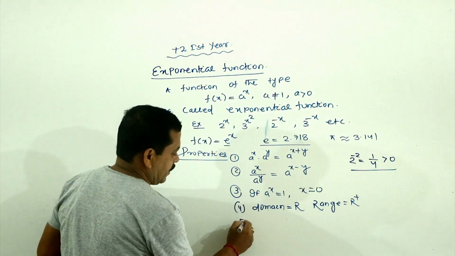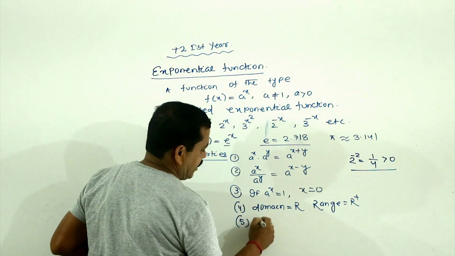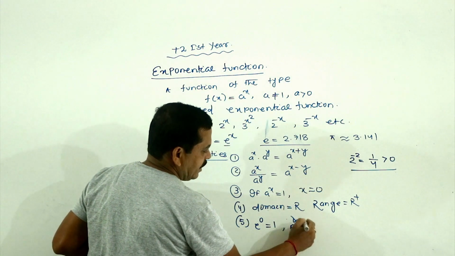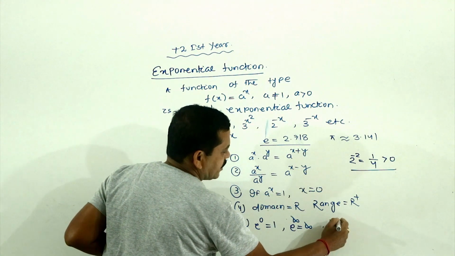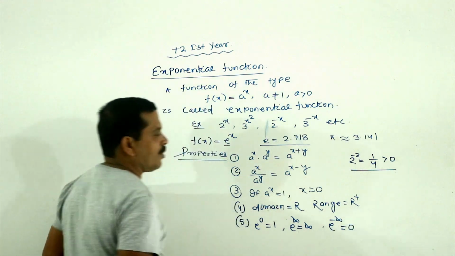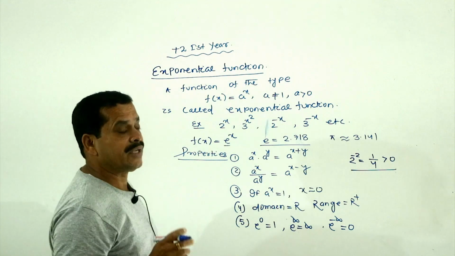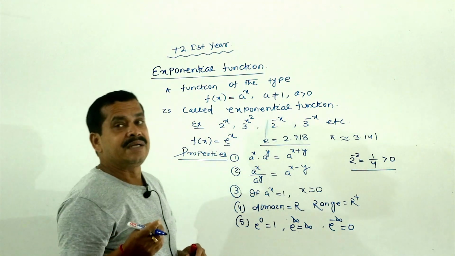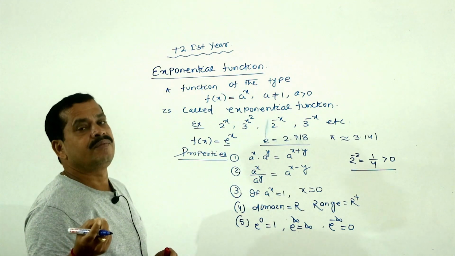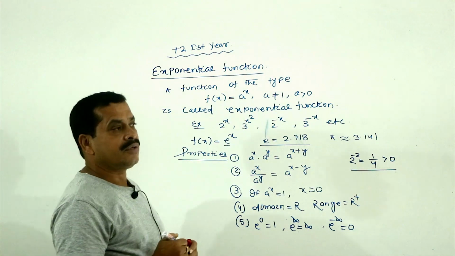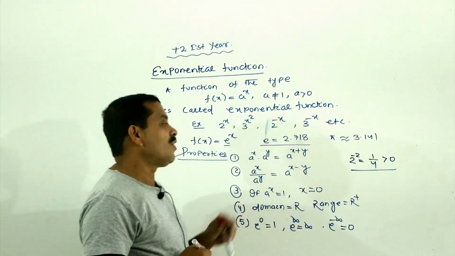Number 5, e to the power 0 is 1, e to the power infinity is infinity, e to the power minus infinity equals 0. You have to remember these things, very important, fundamental. In limits, derivatives and integration, it is a very important function.